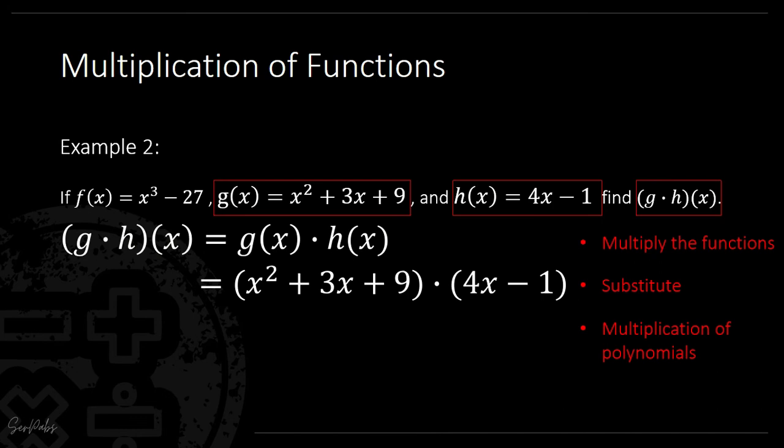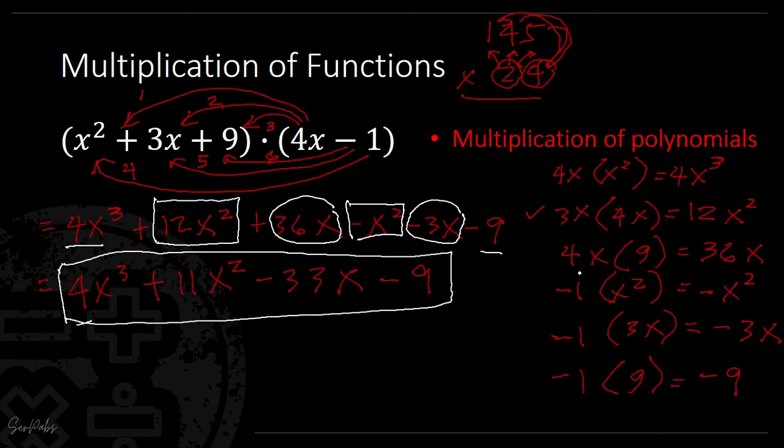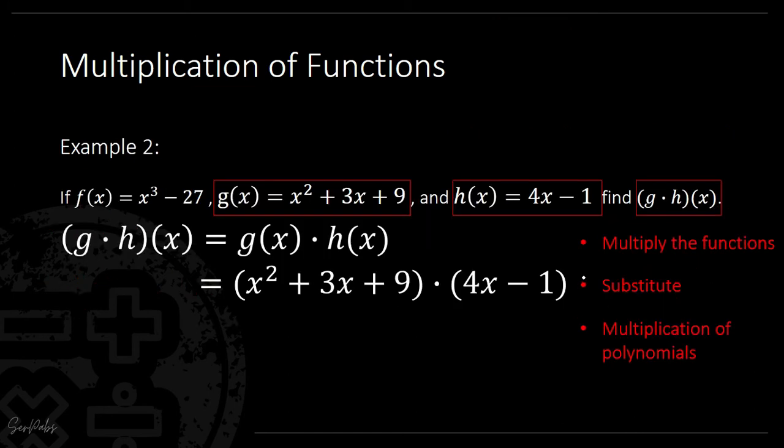Yung ating substitution method kanina, direct substitution na g of x pinalitan ng x squared plus 3x plus 9 times h of x, which is 4x minus 1. I-multiply natin, hiniwalay lang natin kasi mahaba-haba ang solution. So, nagkaroon tayo ng sagot na 4x cubed plus 11x squared minus 33x minus 9.